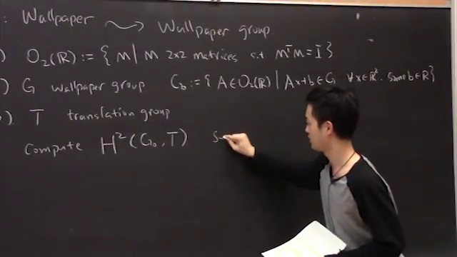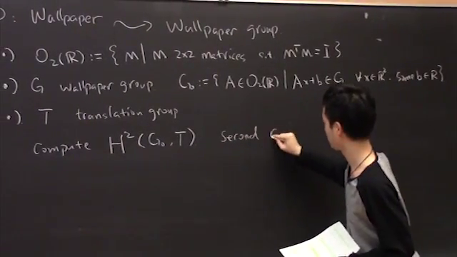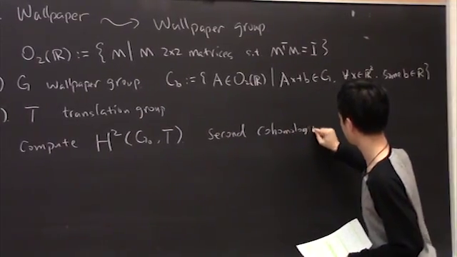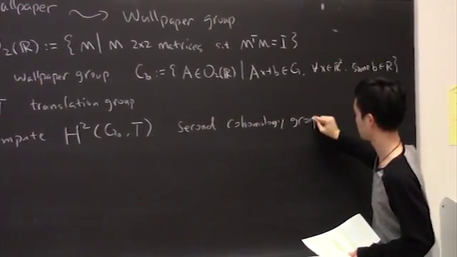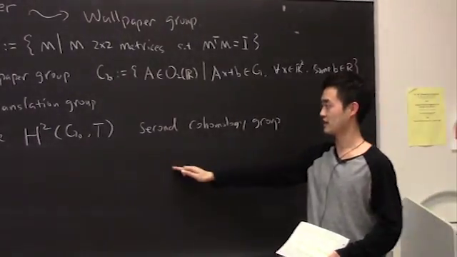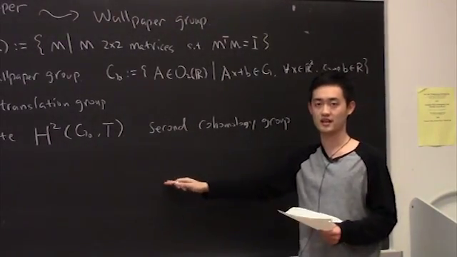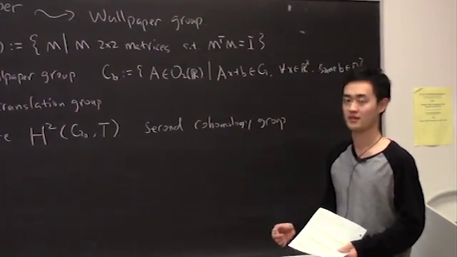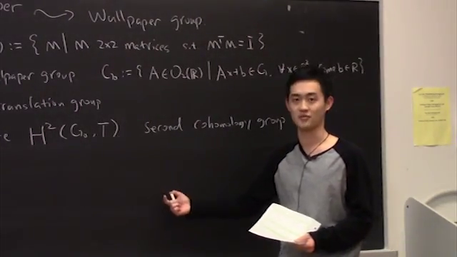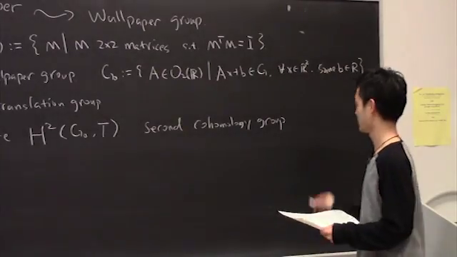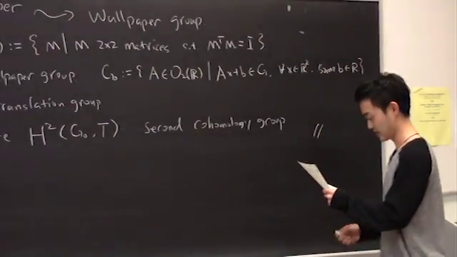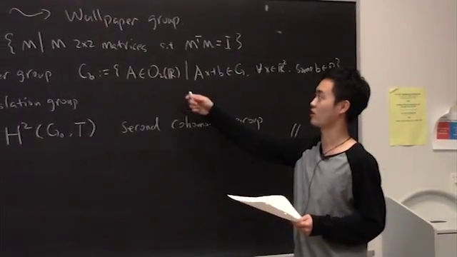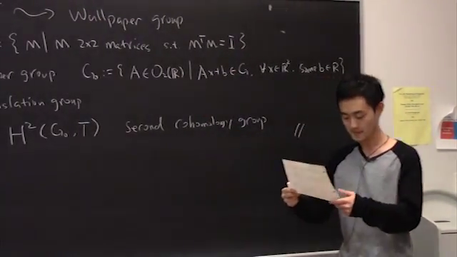This is the so-called second cohomology group. This is an abelian group that allows us to write down all the possibilities of the wallpaper groups. It turns out that there are only 17 of them, as previously mentioned. So that's the basic strategy of classifying all of the wallpapers.